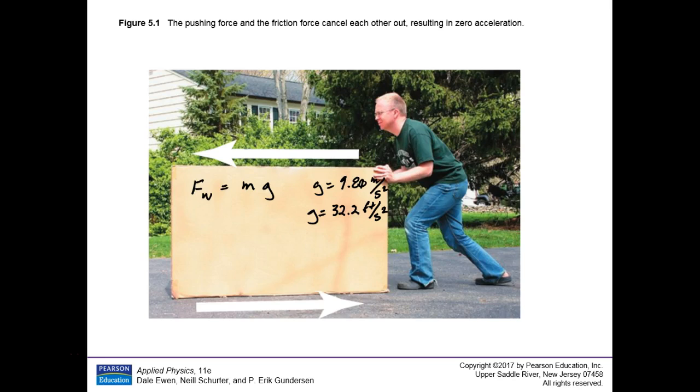Now they also do something else here. They put in parentheses here, if you've got the book, Earth. Wait a minute. Where else are you going to be? Well, one of you might one day be an astronaut or something. So you might be on the moon. This isn't the acceleration due to gravity on the moon, only on the Earth. Okay?